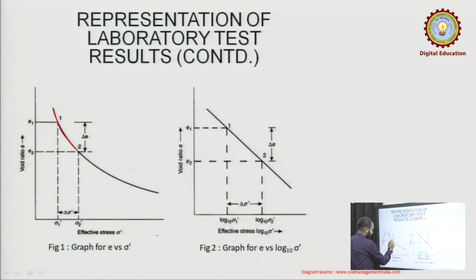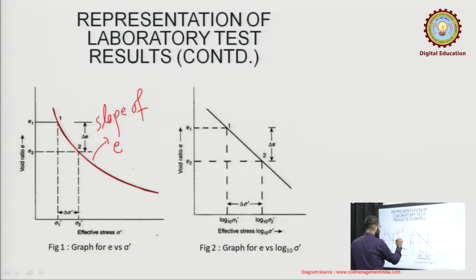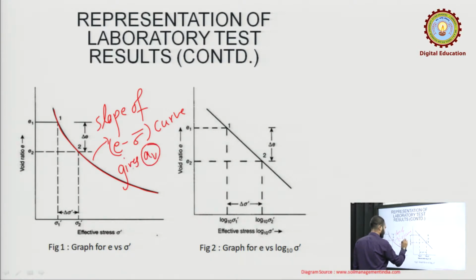This is the curve, and the slope of this simple arithmetic e and sigma bar curve gives a_v. What does the formula then become?